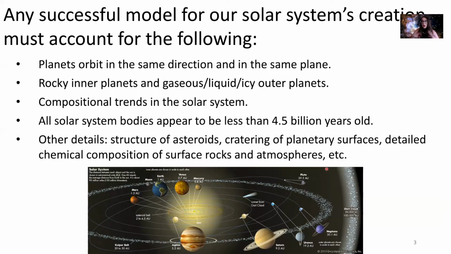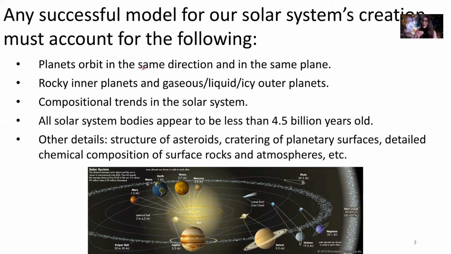So we're still not 100% set in stone on this process for creating our solar system, but we have some really good ideas. That's one thing about science. We keep taking more and more observations, we do more and more computations, and over time, we get closer to the truth.